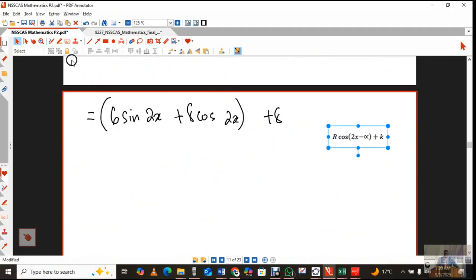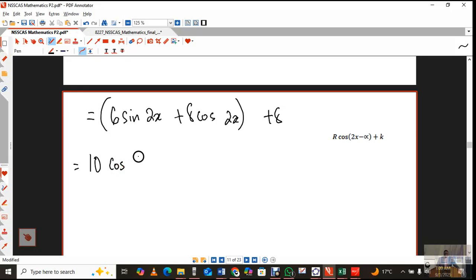So let me take that and say, okay, we know what R is. So R is 10. This is equal to this. And then I have cos of 2x minus alpha, plus k. We also know what our k is. Our k is actually 8.